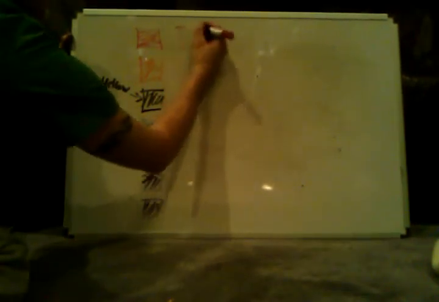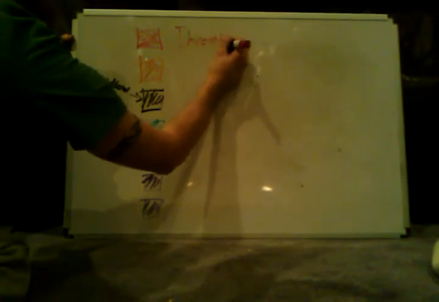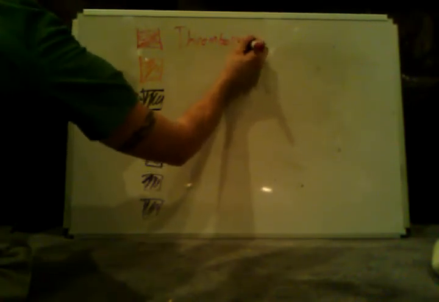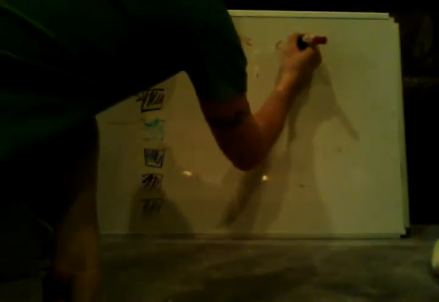So, red is for thrombolytic because clots are red. Orange.